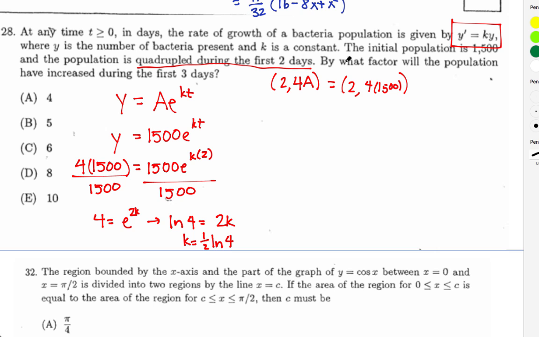So it asks, by what factor will the population have increased in the first 3 days? So that's when t equals 3. So we have y equals 1,500 e to the 1/2 ln 4 times 3. Now, we don't have a calculator in this one, and we do need to evaluate.